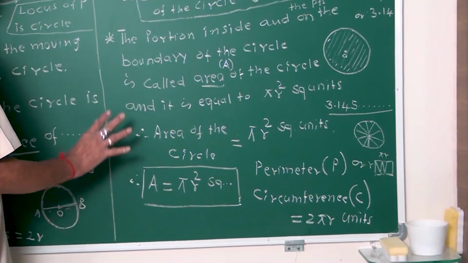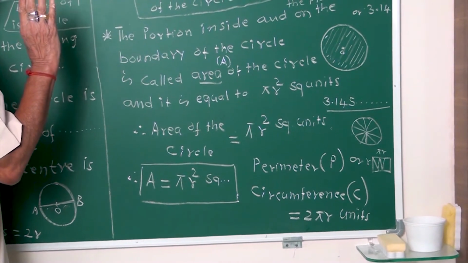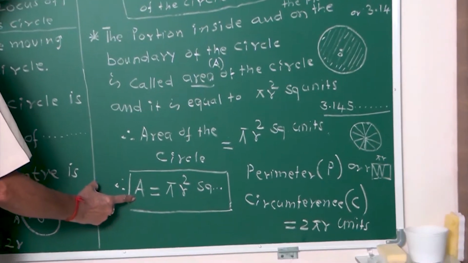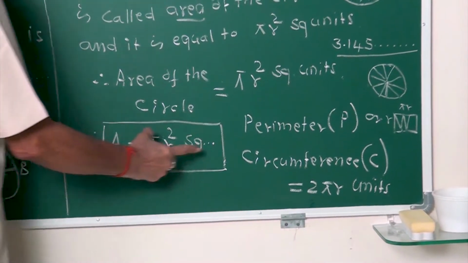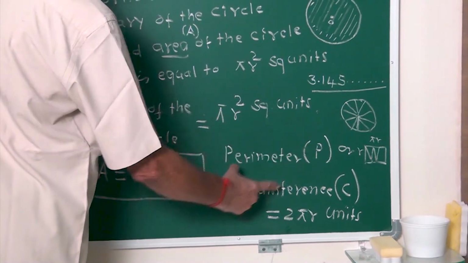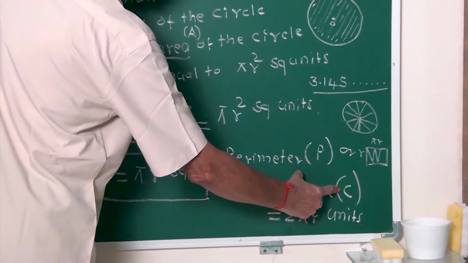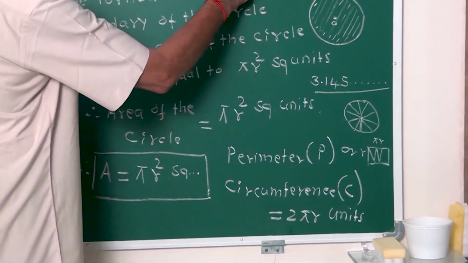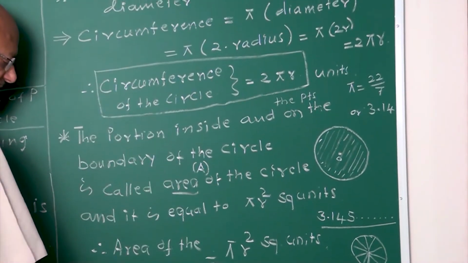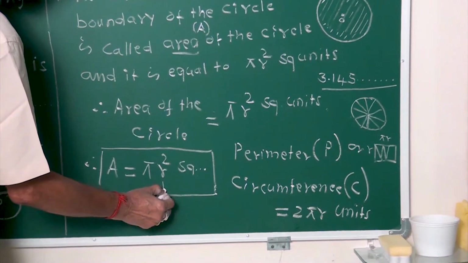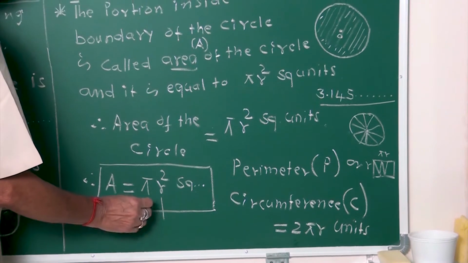Now, my friends, these are the two main factors of this circle. One is area, pi r square. What is the other? Perimeter, denoted by P, or circumference, denoted by C. What is the perimeter or circumference? It is 2 pi r. These are the two main things, where r is the radius of the circle. What about pi?